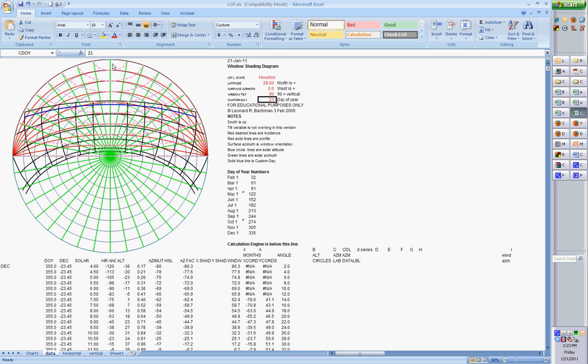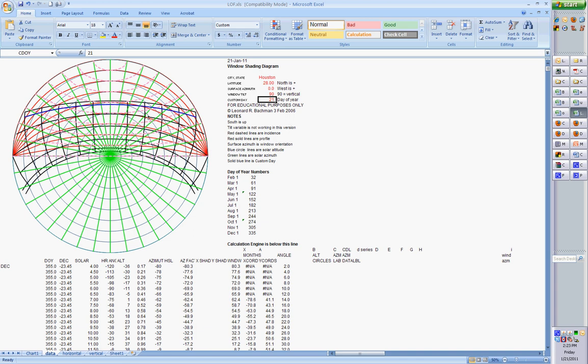And again, the calendar reads December, January, February, March, April, May. June is the longest day of the year. July, August, September, October, November, and December again. And for each of those lines we see sunrise, solar noon, and sunset times.